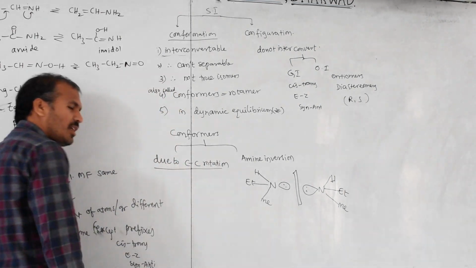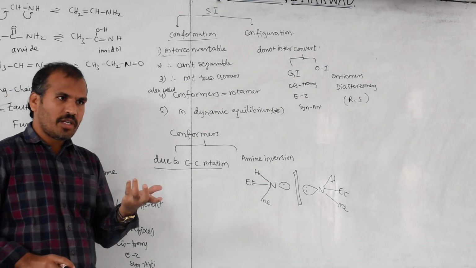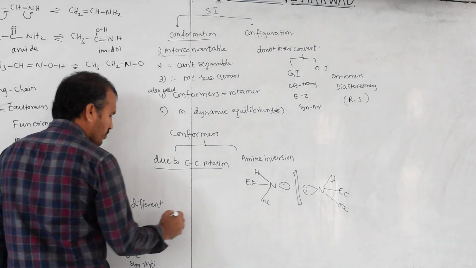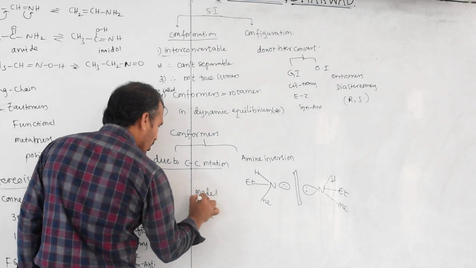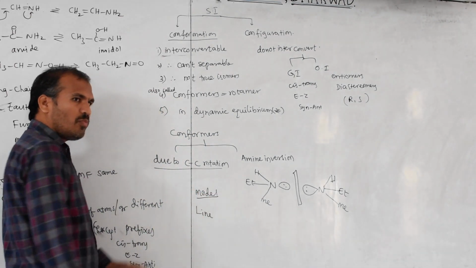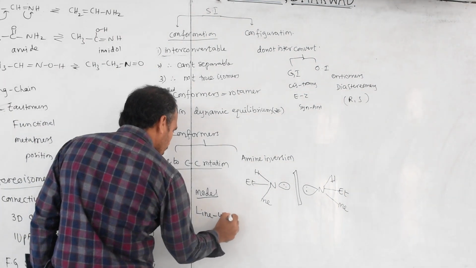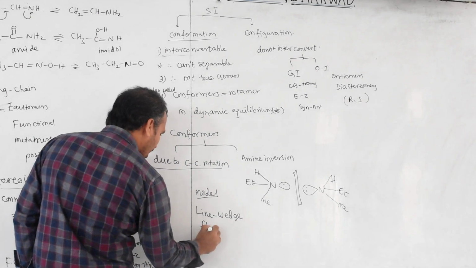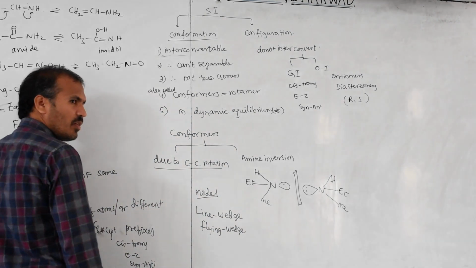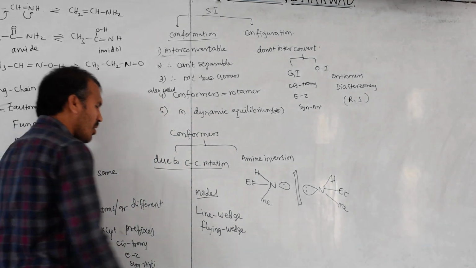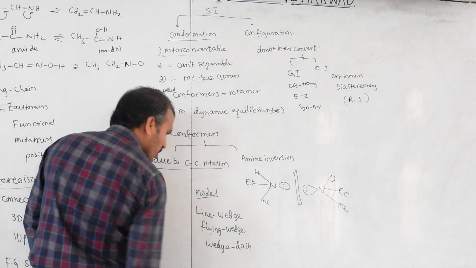Before discussing this CC single bond rotation, you should know some model representations. The first one is line wedge, or flying wedge, otherwise also called wedge dash. All are the same name.